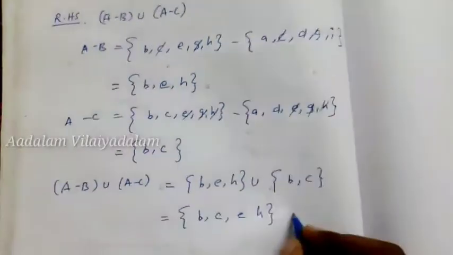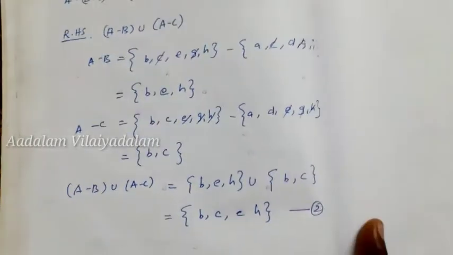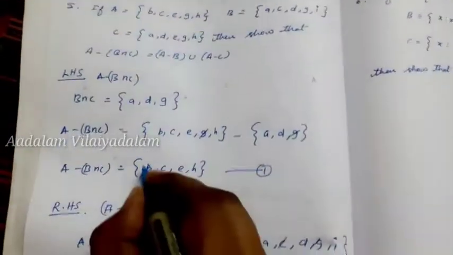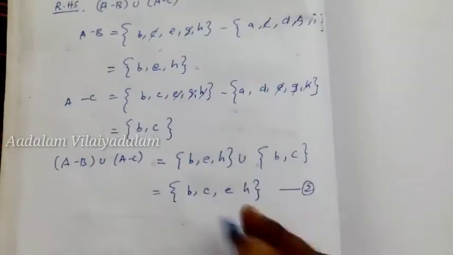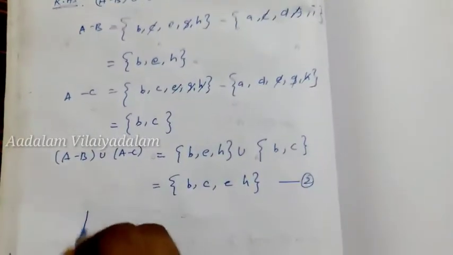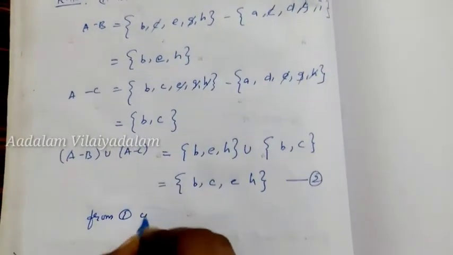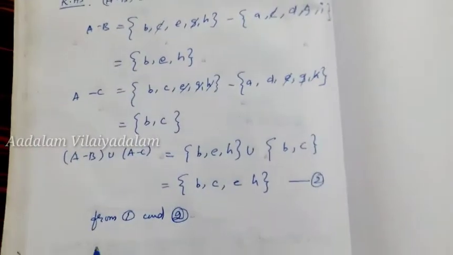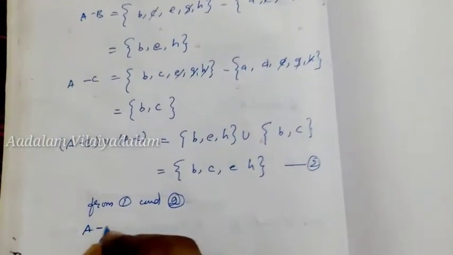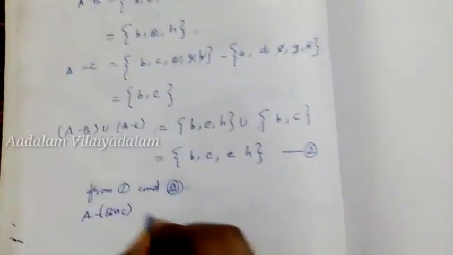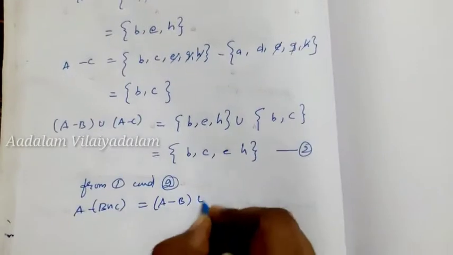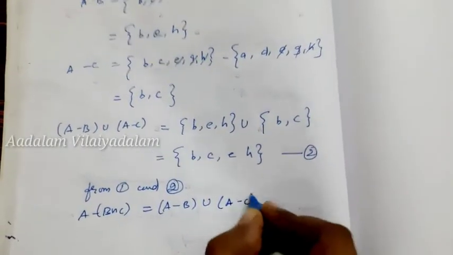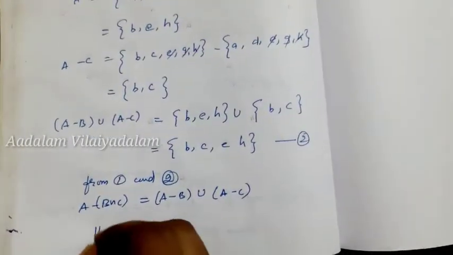Take this as equation 2. Therefore, BCEH is equal to the second equation BCEH. So we could conclude that from 1 and 2, A minus B intersection C is equal to A minus B union A minus C. Hence proved.